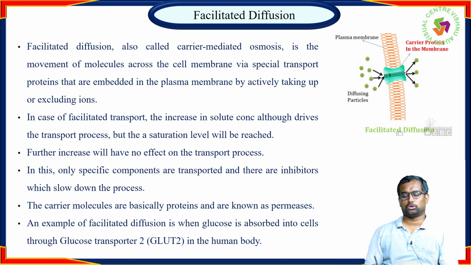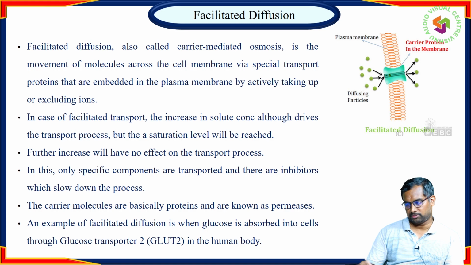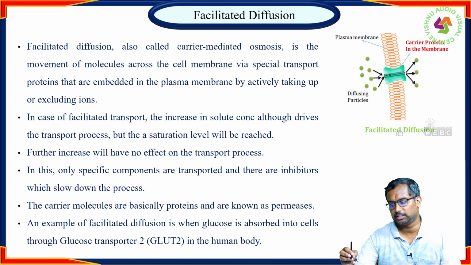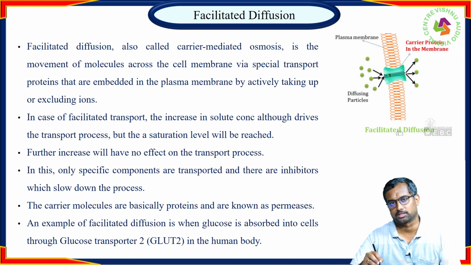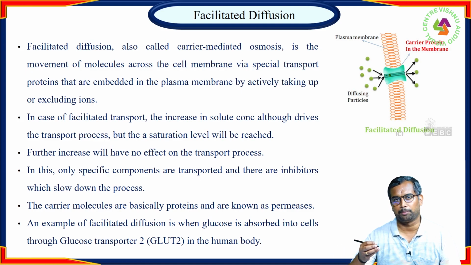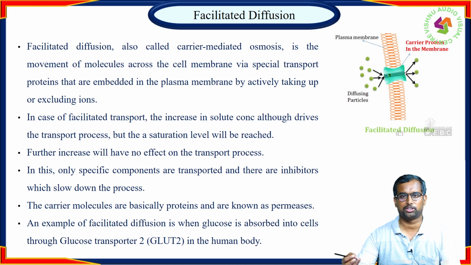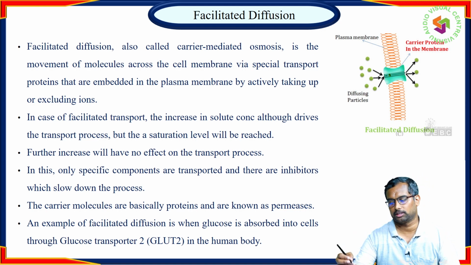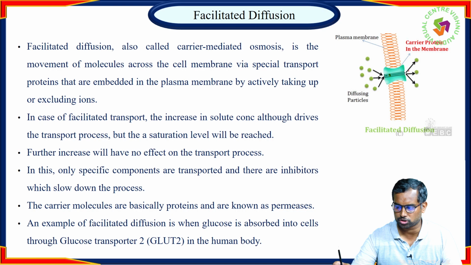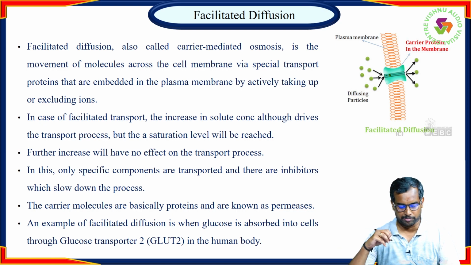These carrier proteins are known as permeases. Permeases are a special kind of protein that help in the permeation process. Permeation is nothing but the diffusion process, and these carrier proteins are called permeases.